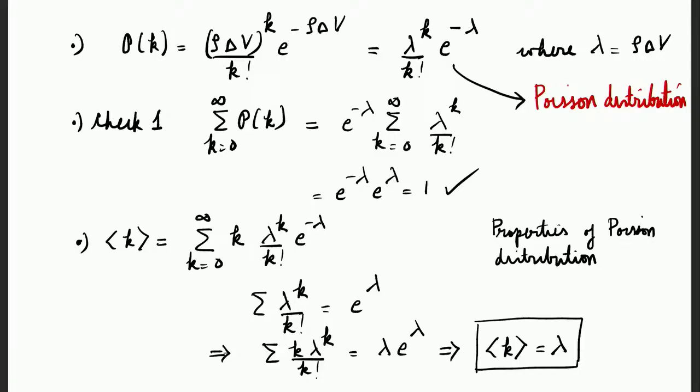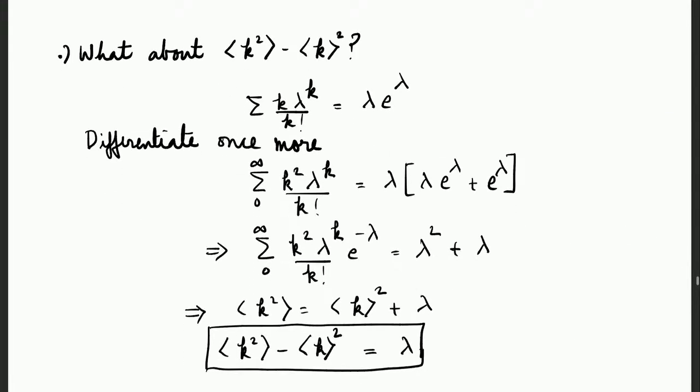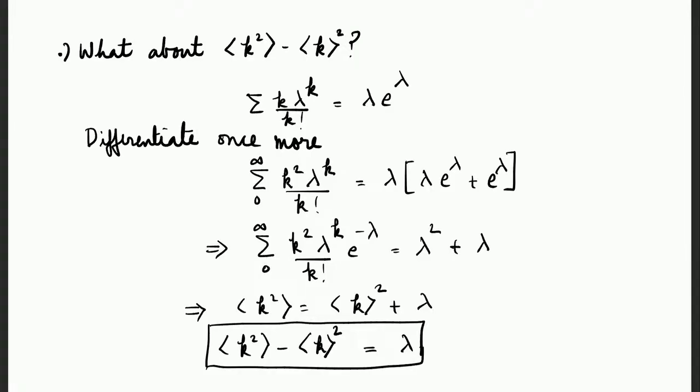Now, if I want to compute expectation value of k square, all I have to do is differentiate this one more time. If I differentiate with lambda, I get k square lambda to the power k minus 1. I multiply by lambda again, and you get the expectation value of k square. People should try it yourself.